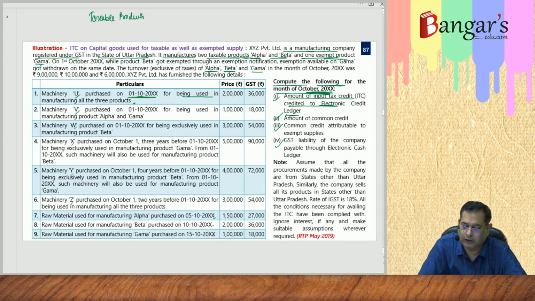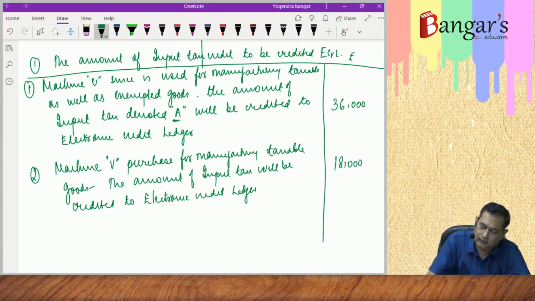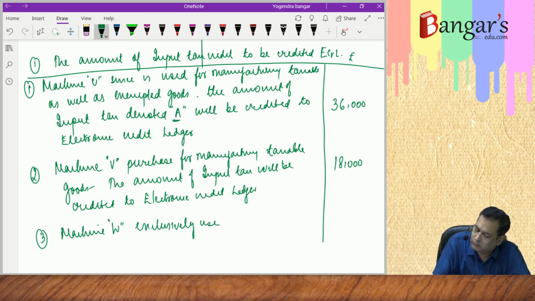Then machine W, purchased on 1st October, being exclusively used for manufacturing product beta. Machine W, exclusively used for manufacturing exempted goods.